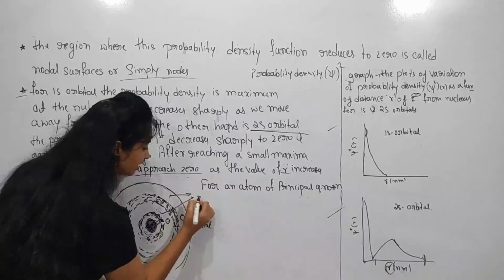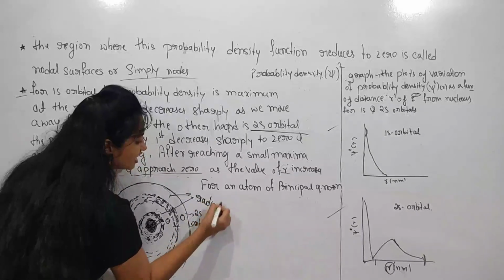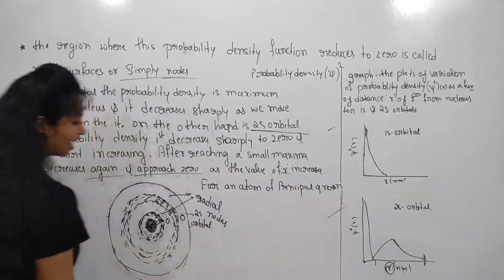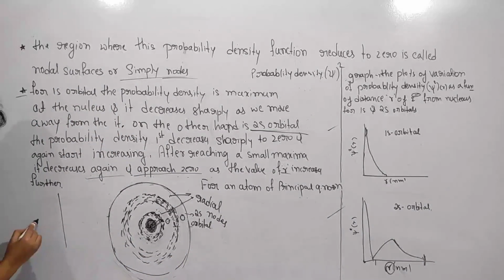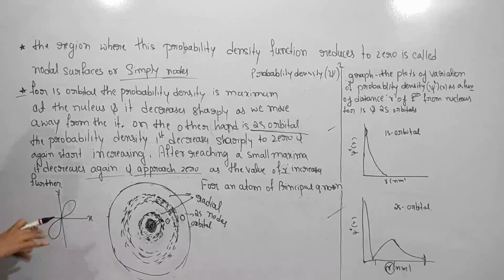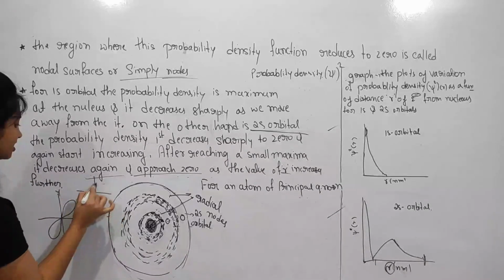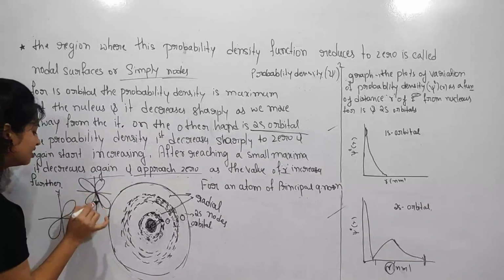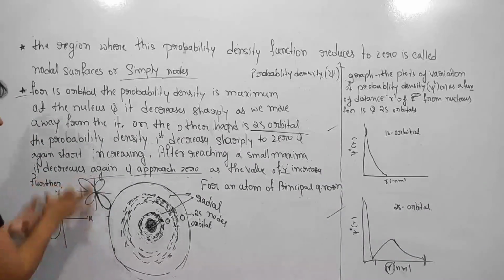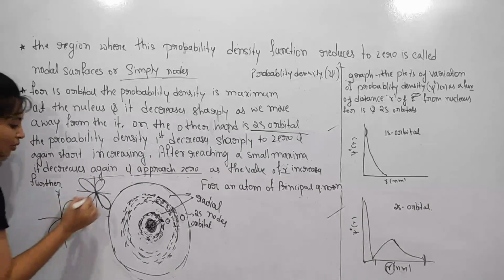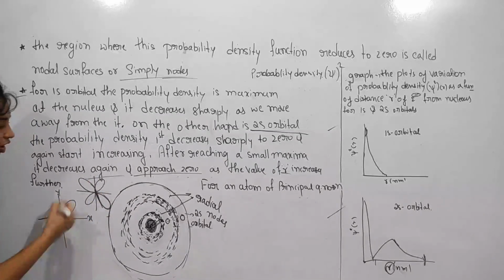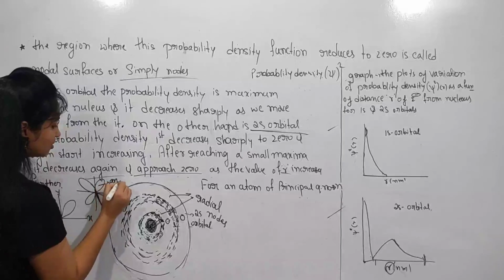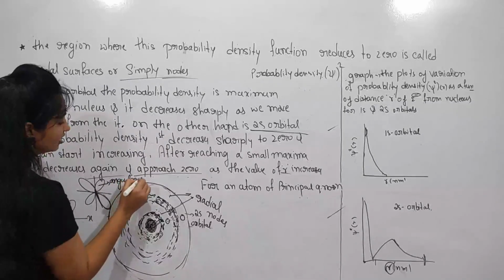In a p orbital, with its x-axis and y-axis, we have a dumbbell shape, and in the double dumbbell shaped d orbitals, at certain angles we also have nodes. The nodes present in these types of orbitals are called angular nodes.